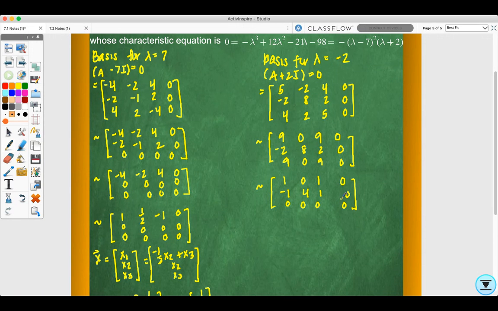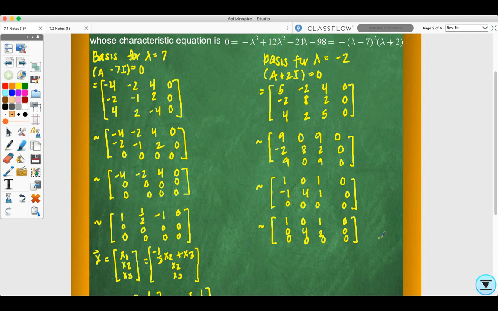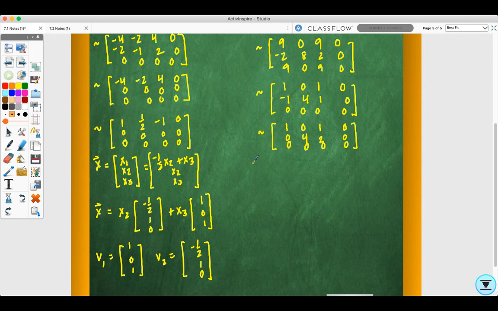Then I added row 1 to row 2, and then I divided row 2 by 4.